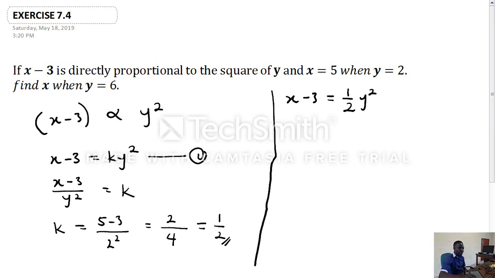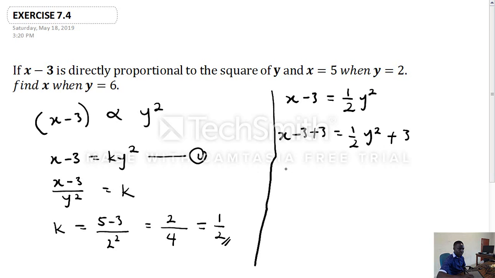So I'm going to simplify this further by moving every other constant to the other side. I'm going to move minus 3 to the other side. And how do I do that? By adding 3 to both sides, and that will give me x minus 3 plus 3 is equal to 1 over 2 y squared plus 3.